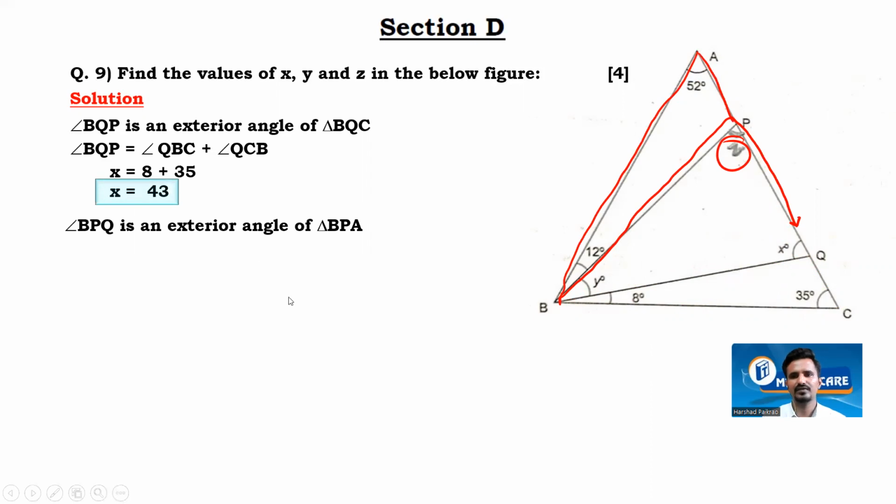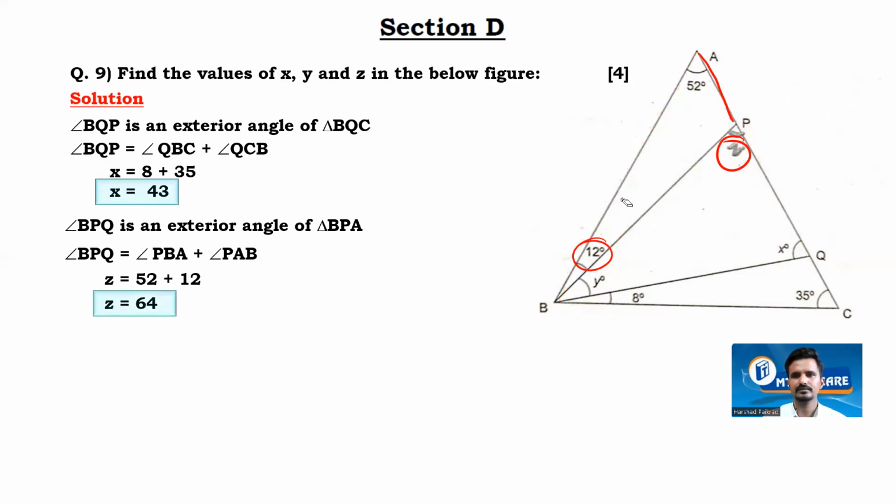And for this exterior angle z, the interior opposite angles are angle A and angle B. So we can say angle BPQ is equal to angle PBA plus angle PAB. The reason is the exterior angle is equal to the sum of its interior opposite angles. So z will be equal to 52 plus 12. And what is 52 plus 12? It is 64. So we get z equal to 64.